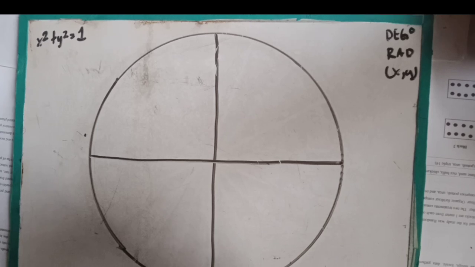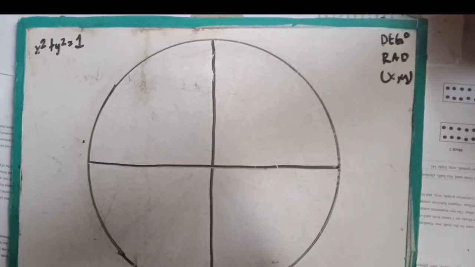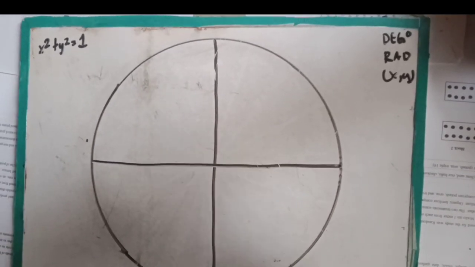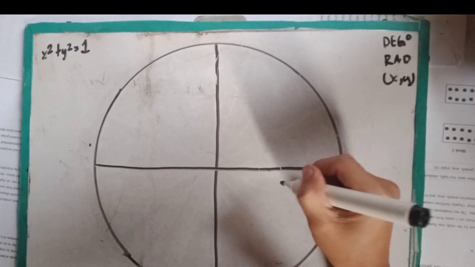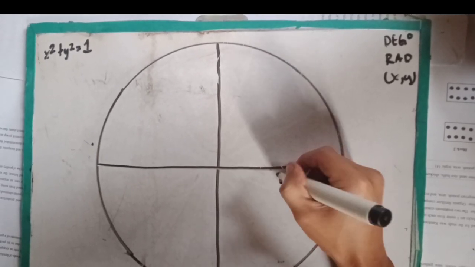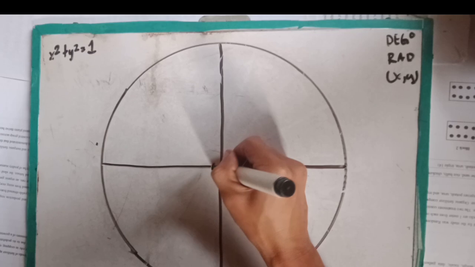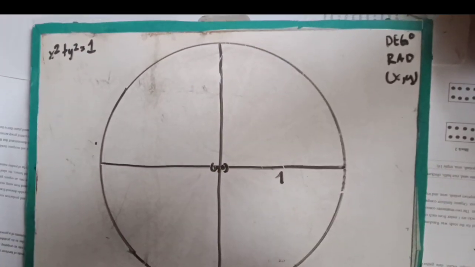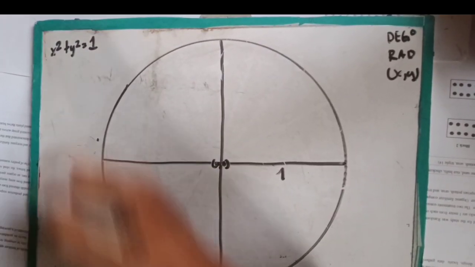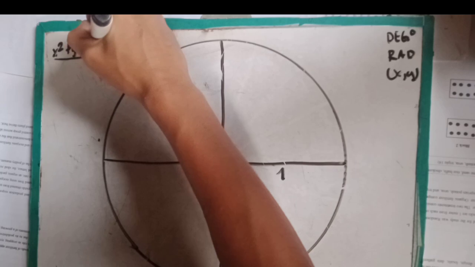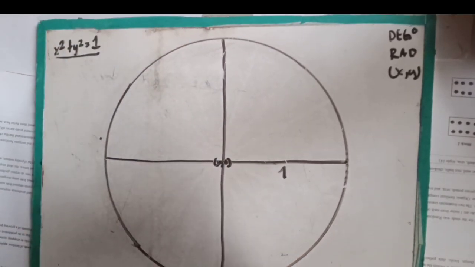So now, let's know about the unit circle. The unit circle is a circle that has a radius of 1, and it's centered at the origin (0, 0). It has the equation x squared plus y squared equals 1.